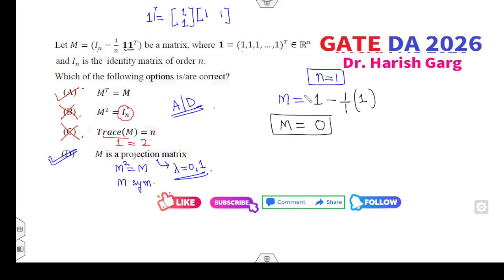If M is equal to 0, then again you can see the second option is the wrong option. Trace of M is 0, but n is 1. So the C option is also wrong. If M is a 0 matrix, clearly the 0 matrix is symmetric, and the eigenvalues are either 0 or 1, so 0 will be there. So yes, it's a projection because it satisfies these two properties.